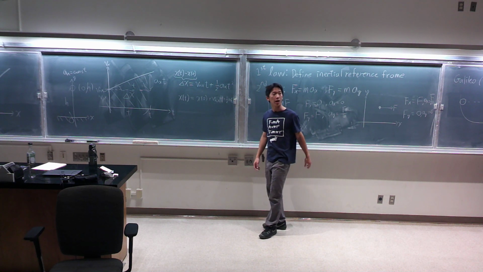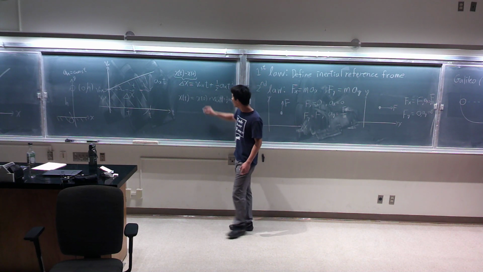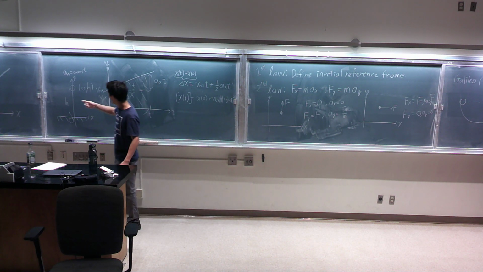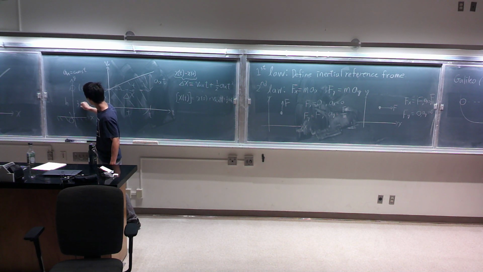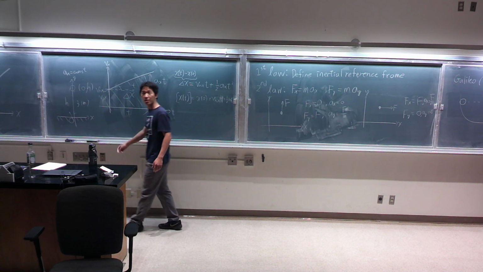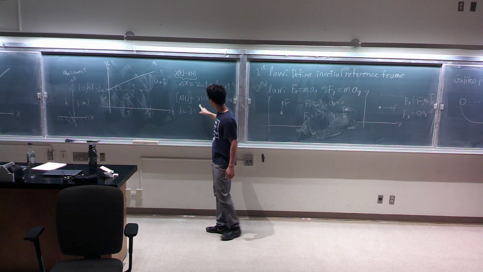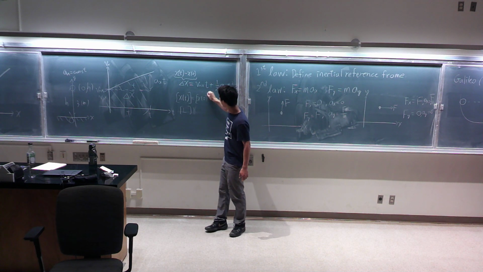And you can check the dimension. Position is like, this is like 3 meters to the top, so position should have a dimension of length. X position in the initial point is also a length.